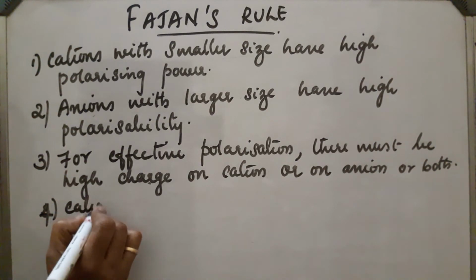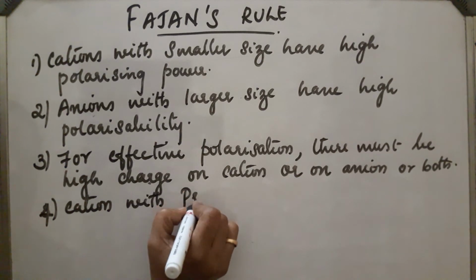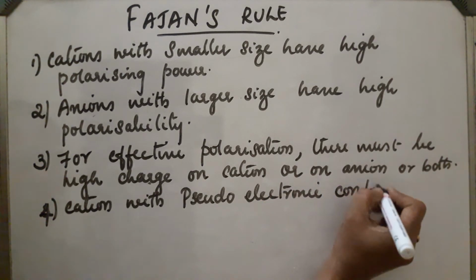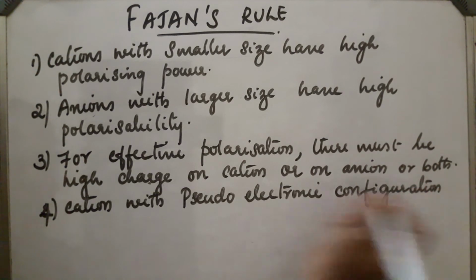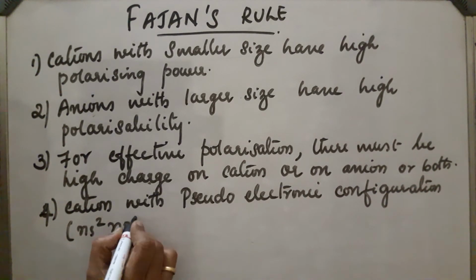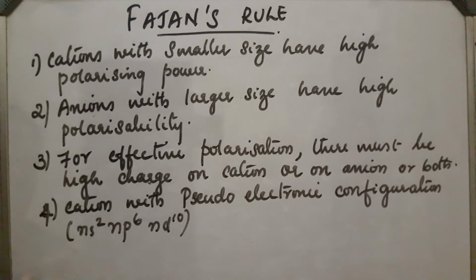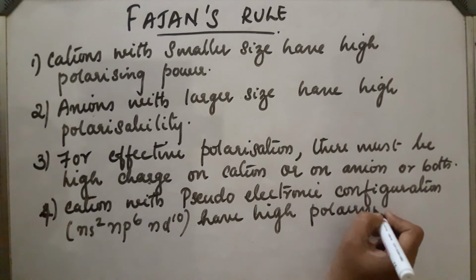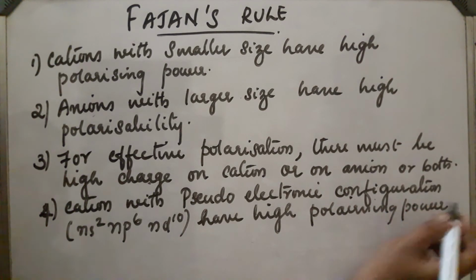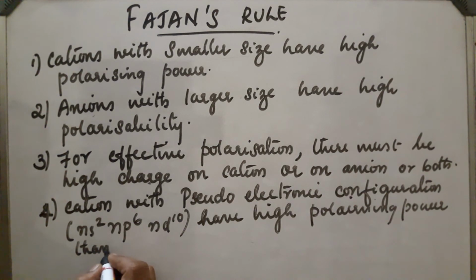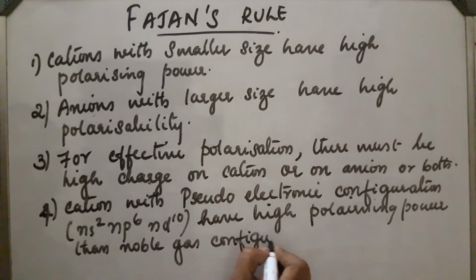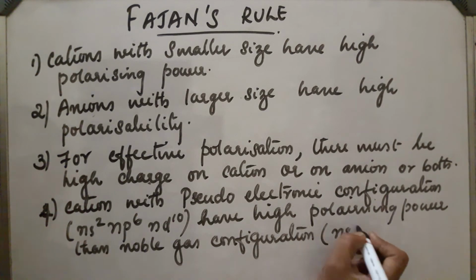Fourth point, cations with pseudo noble gas electronic configuration, that is ns2 np6 nd10, the 18 electron configuration in the outermost shell, have higher polarizing power than noble gas configuration, which is ns2 np6.